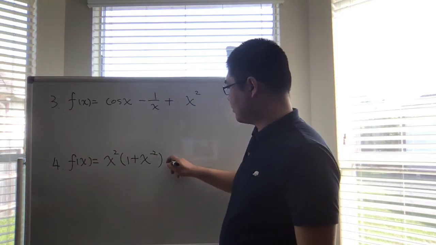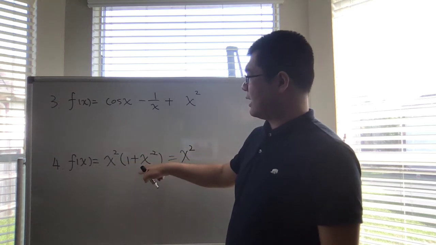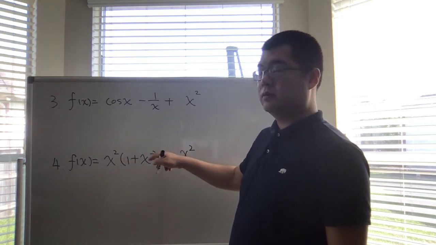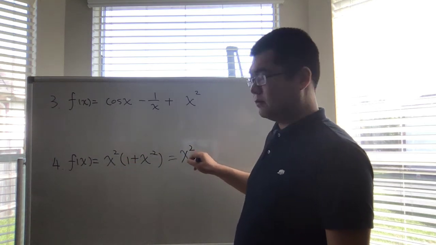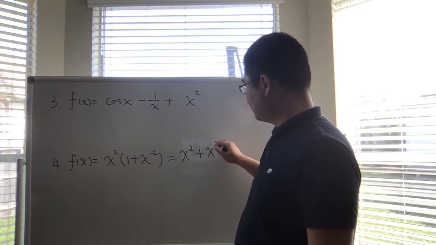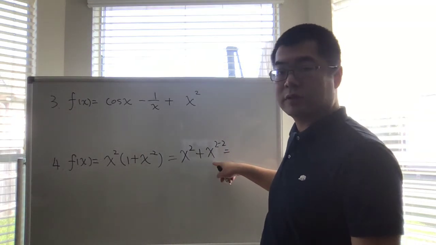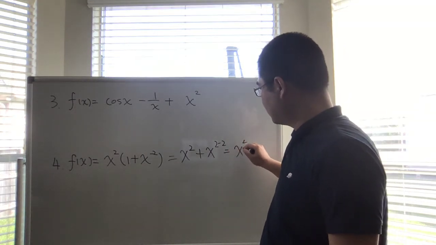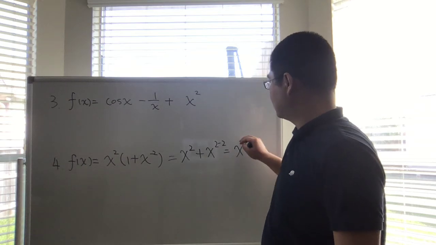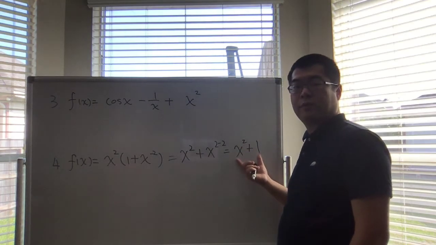If I do the distribution, so you have x squared times x to the power of -2. You're going to have x to the power of 2 minus 2. Eventually, you're going to have x to the power of 0, which is 1. So it's x squared plus 1. Okay. And now, look at this, x squared plus 1.